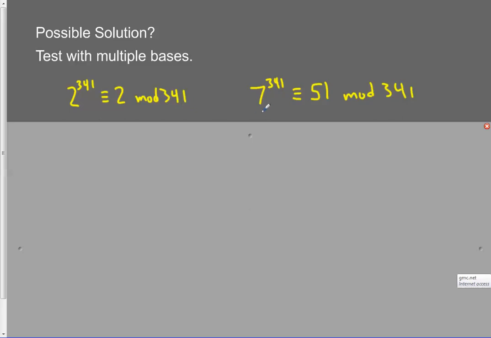But if we go to base 7, we do 7 to the 341, we do not get 7. We get 51, it turns out. If you plug that into Wolfram Alpha, you get 51 mod 341. So we fail the test here. Now, again, the test is definitive when you fail the test. So now that does tell us definitively that 341 is composite.